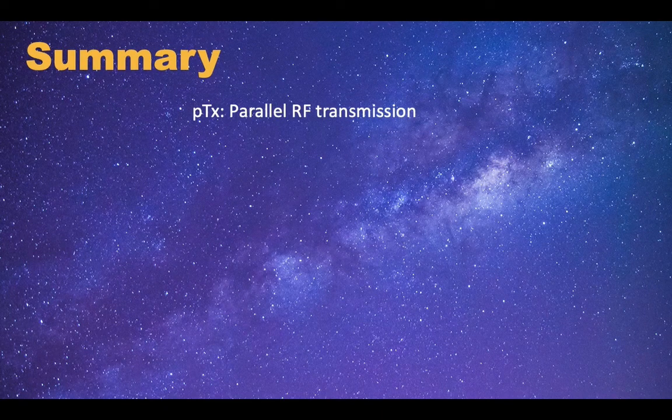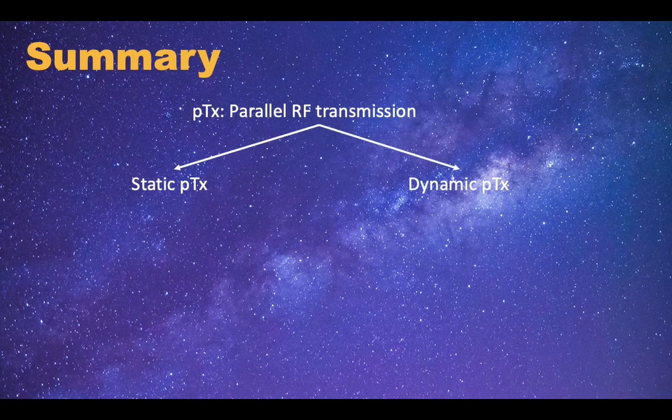Till now, we have covered the basic information about pTx. In summary, pTx stands for parallel RF transmission. There is static pTx mode and there is dynamic pTx mode. With static pTx, we can use it to increase B1 field efficiency or homogeneity within the ROI, or we can use it to generate a target profile.